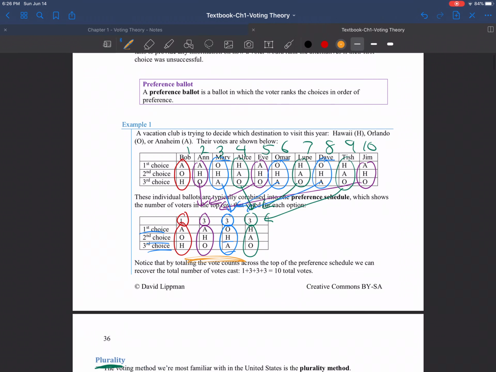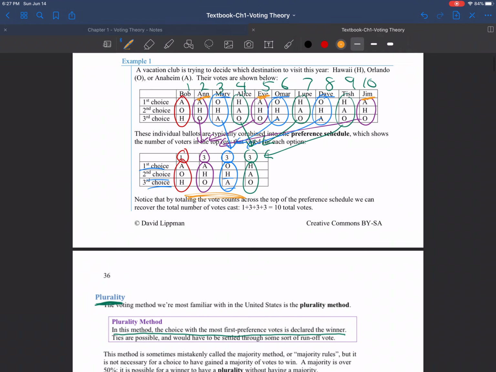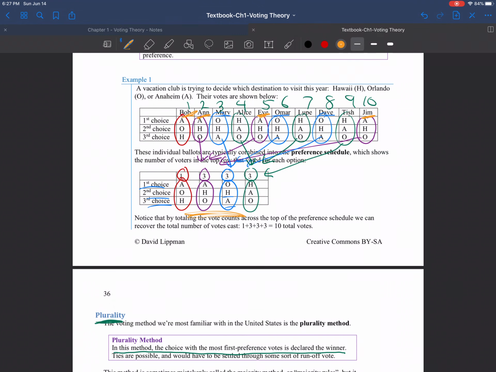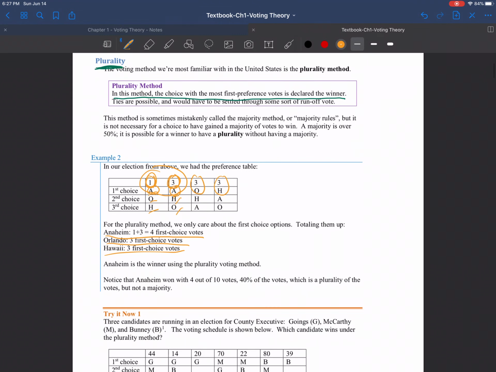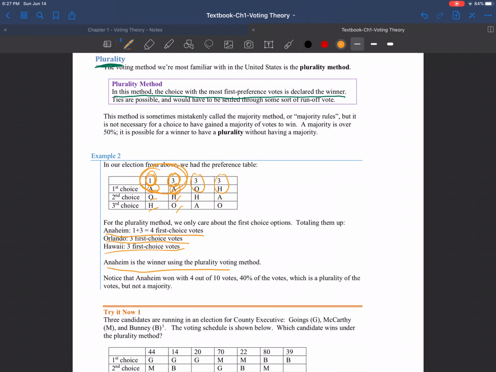Who were those 3 people? It's Ann, Eve, and Jim. And then the one person in the front, that was Bob, I think, right? Bob also had Anaheim first, although he switched the options on the other 2. So these 4 all have Anaheim first. That's their first choice. So maybe the most fair thing to do is just to say Anaheim is the winner.